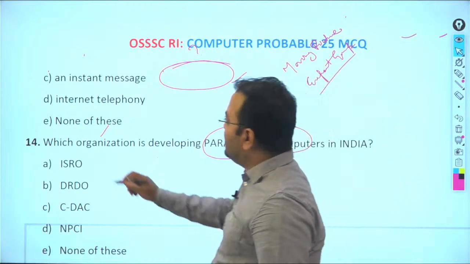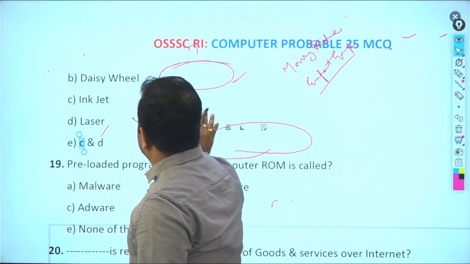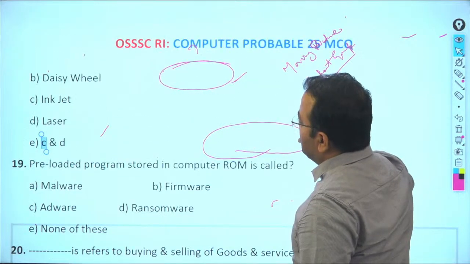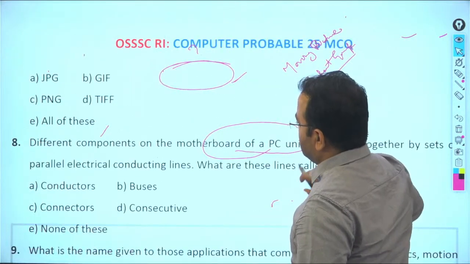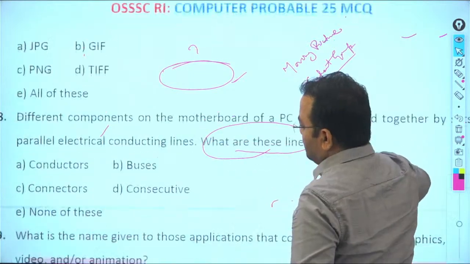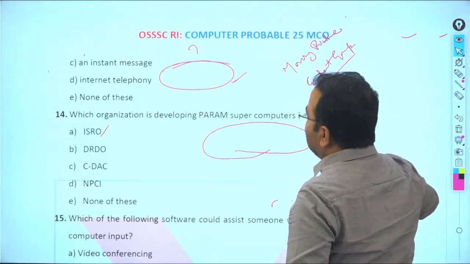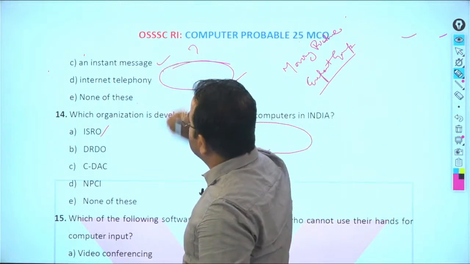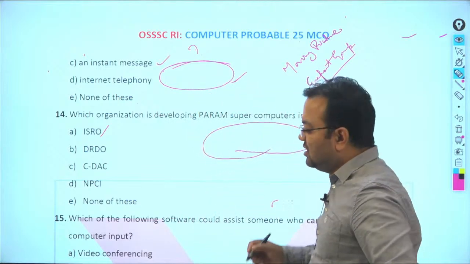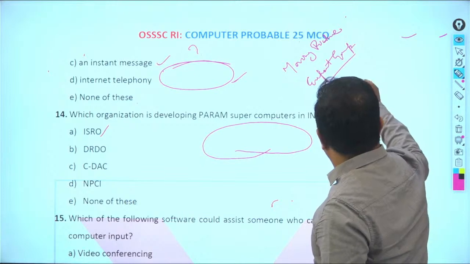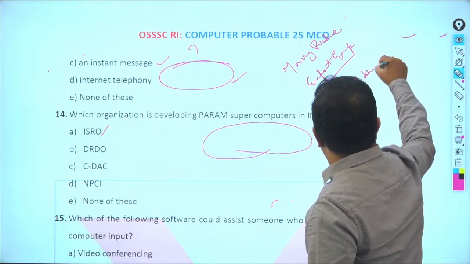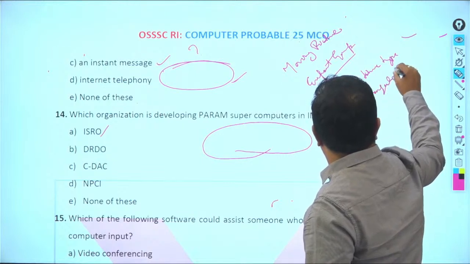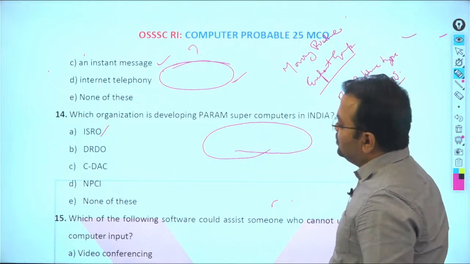So students see here, answer is instant messaging. Instant messaging means real time type conversation. Okay, so here question number 13 answer is C.